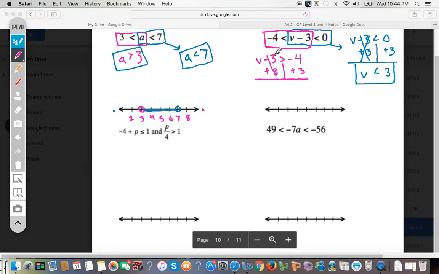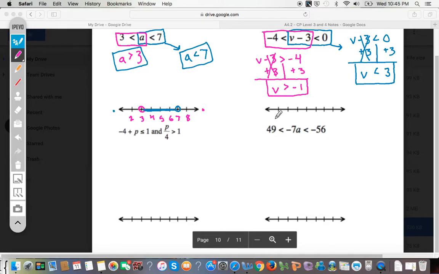Negative 3 plus 3 cancels, so I'm left with v is greater than negative 4 plus 3, which is negative 1. So I'm looking for a number v that is greater than negative 1 and less than 3.